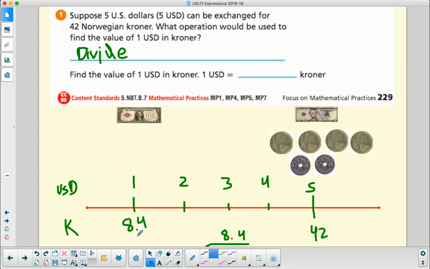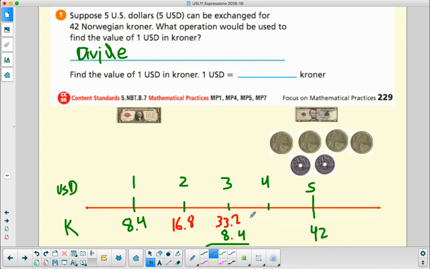Now it's not very easy to count in 8 4/10, but 8 4/10, $2 would be another 8 4/10, would be 16 8/10. Another 8 4/10 would be 33 2/10.